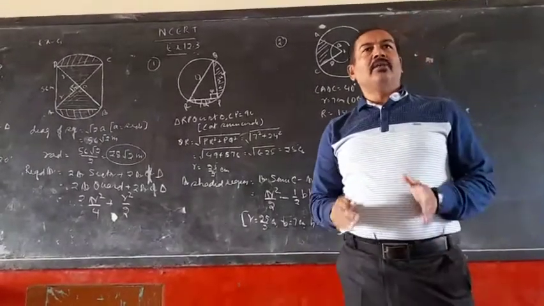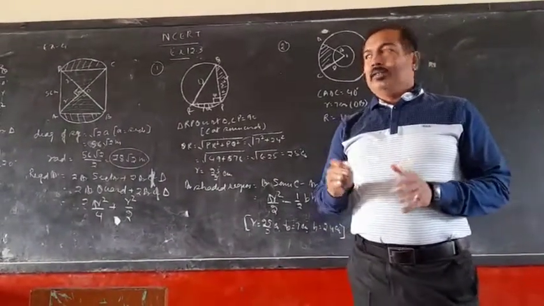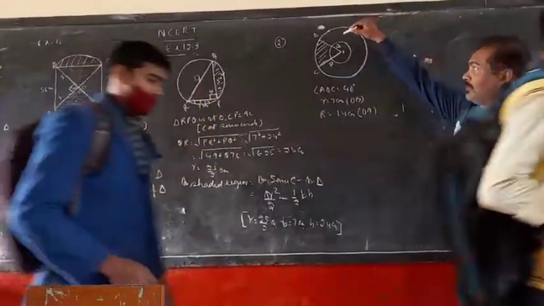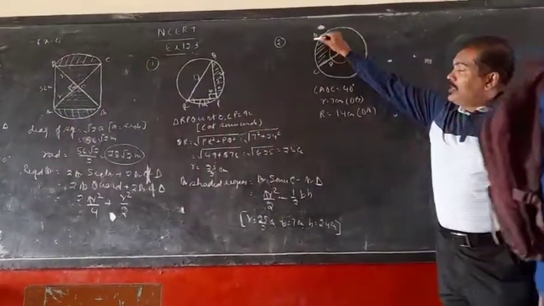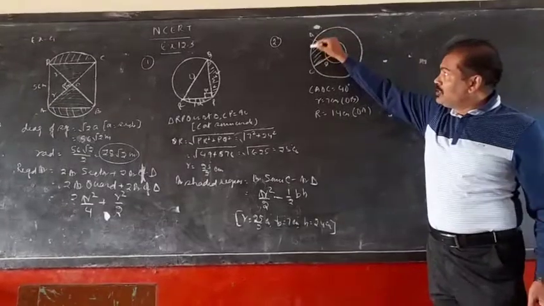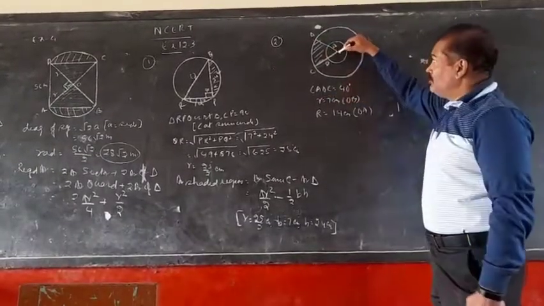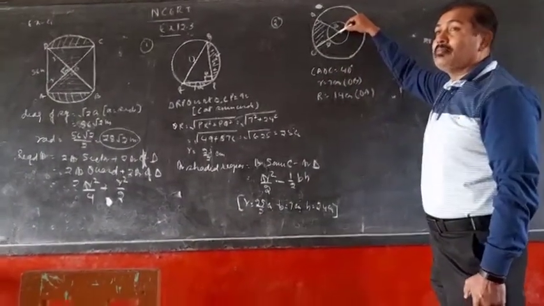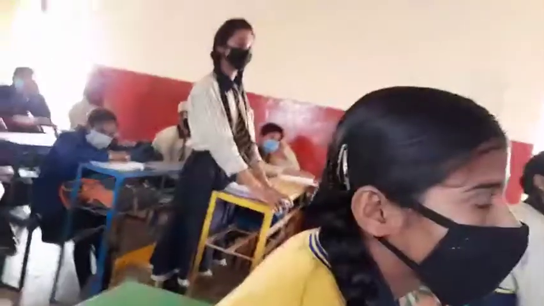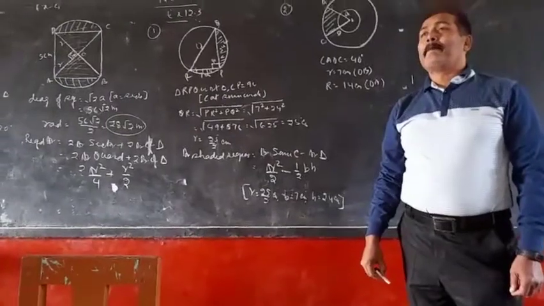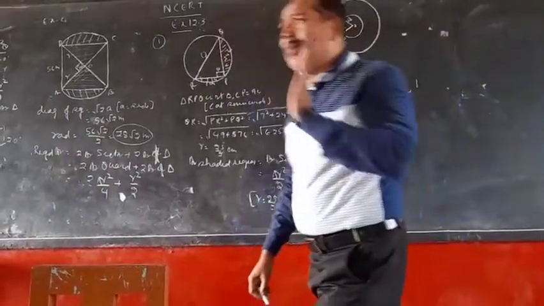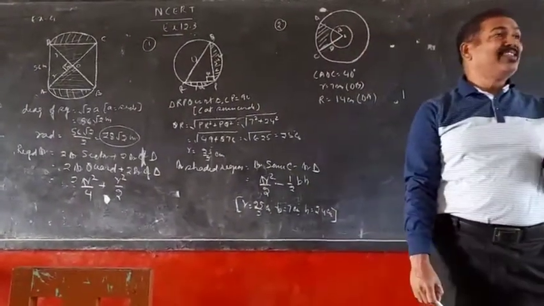Now discuss with me this AOC, this region. Then AOC is which part of the circle? Which part of a circle?